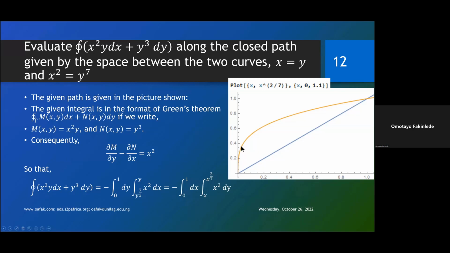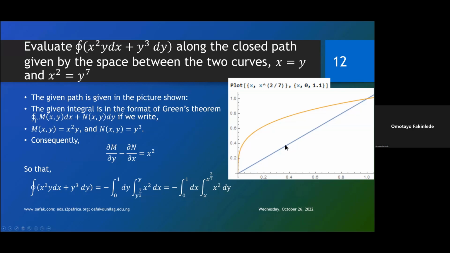If you draw a horizontal line inside this domain, you will see that as you are going along the positive x-axis, you first of all encounter the yellow curve before you encounter the blue curve. But if you draw a vertical line, you encounter the blue curve before you encounter the yellow line. That is why what is up here is down here, and what is down here is up here.